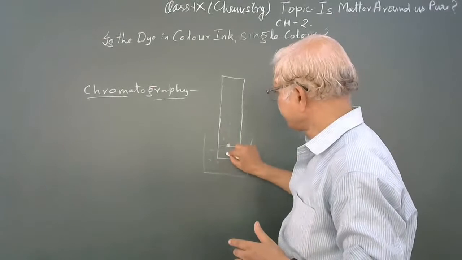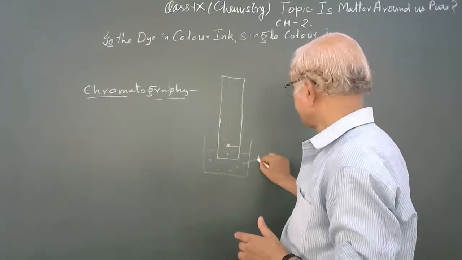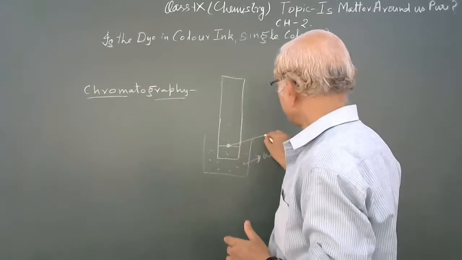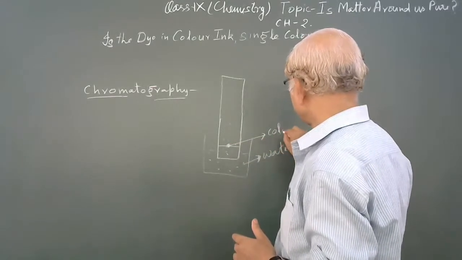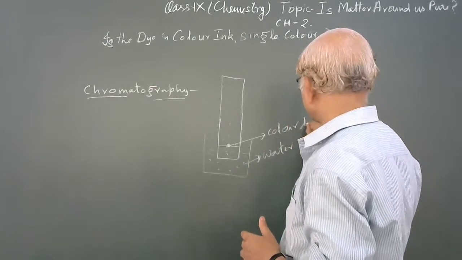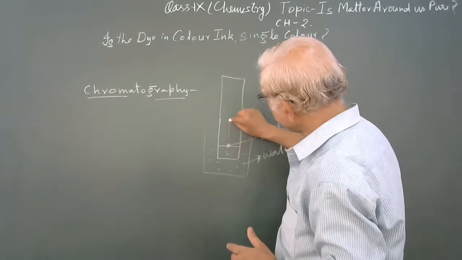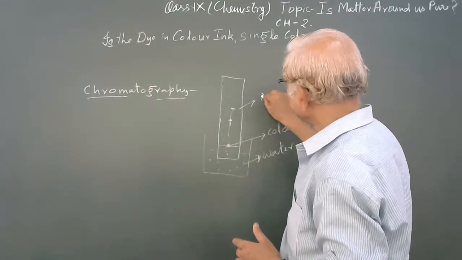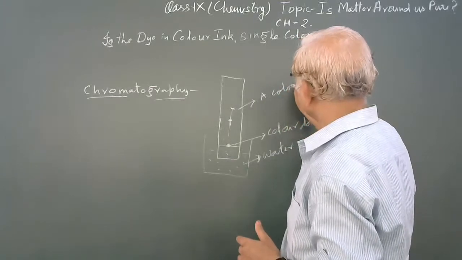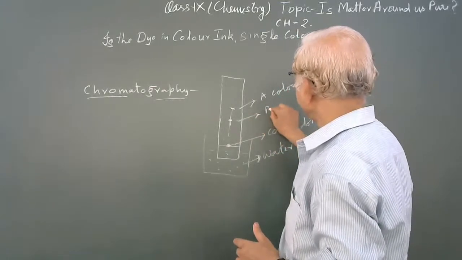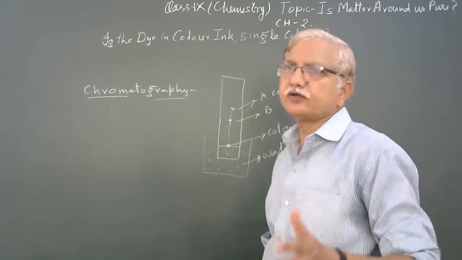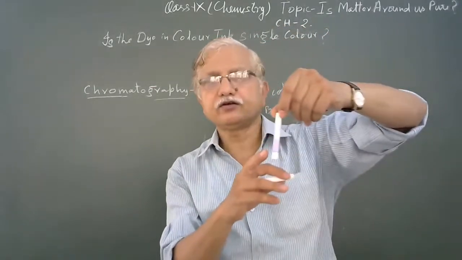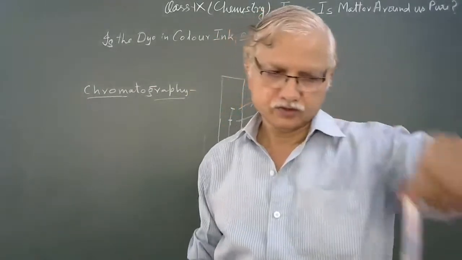This is water. This is the color dot. So after some time we will see one color will come here, another color will come here, color A or color B. So these two different colors will be obtained. Just I show you. You can see here red color or blue color.